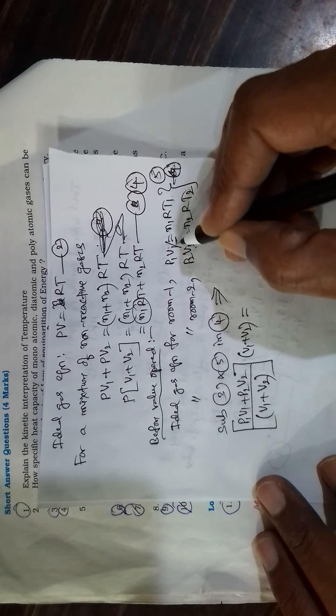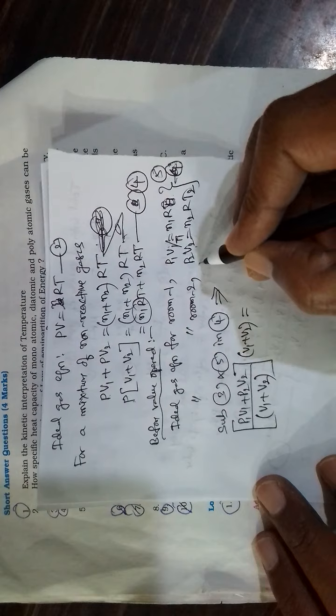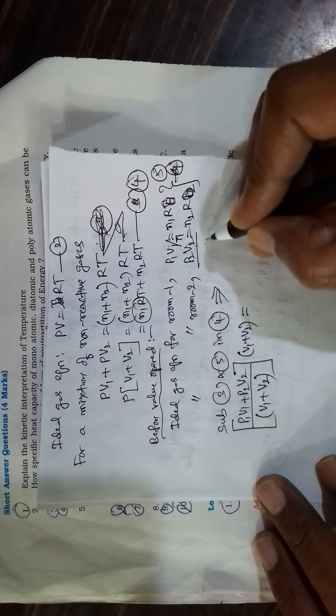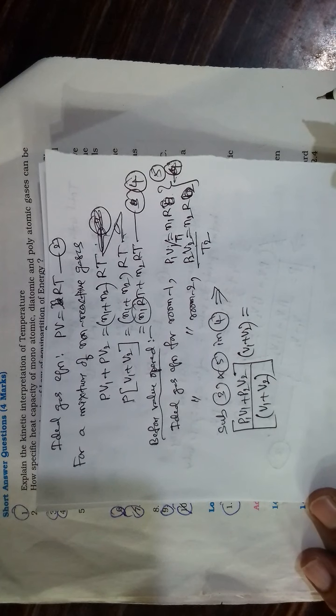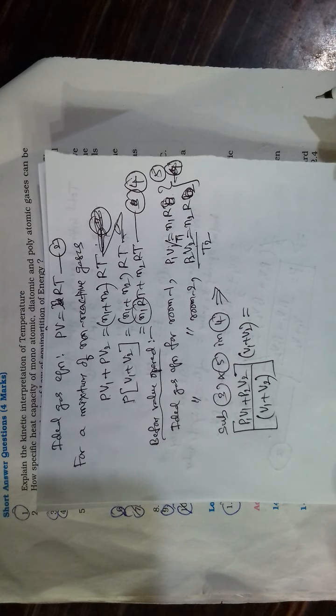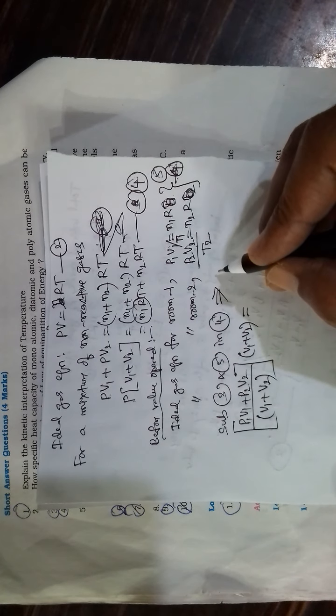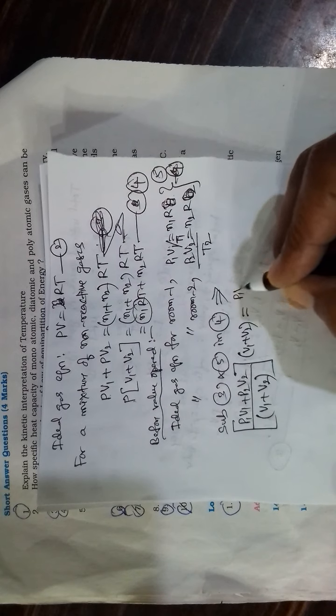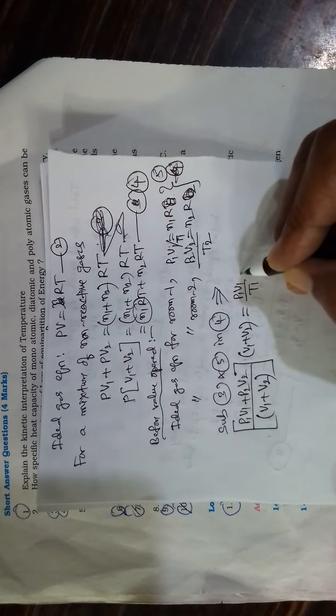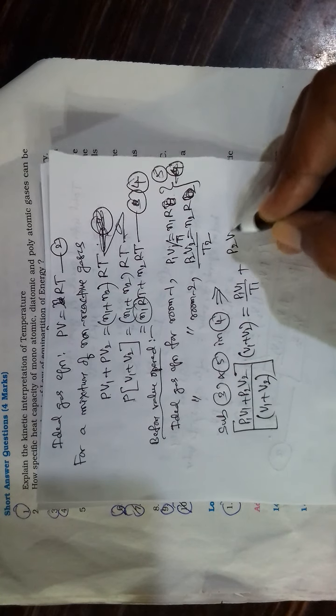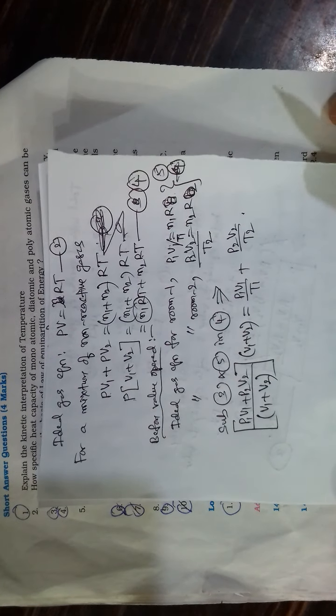So n1 R is P1 V1 by T1, and sending this T to this side, T2, n2 R is P2 V2 by T2.